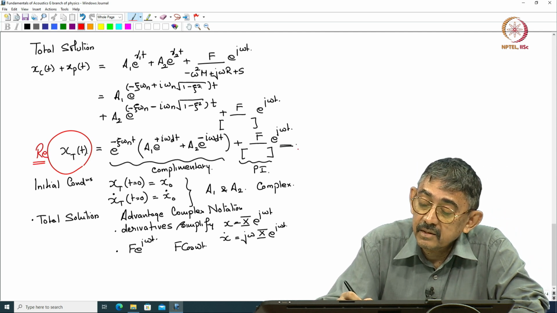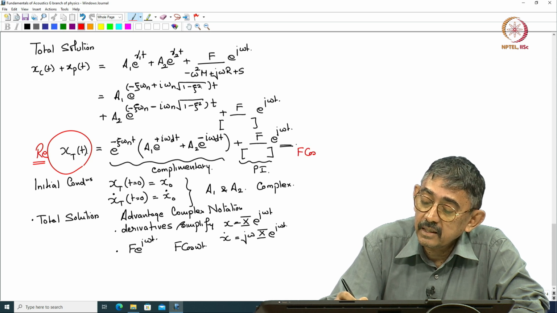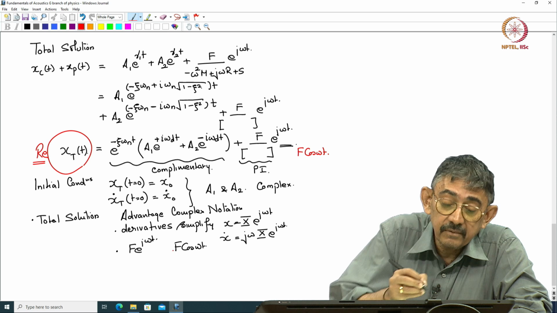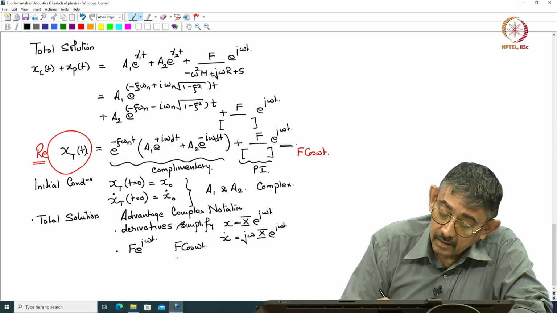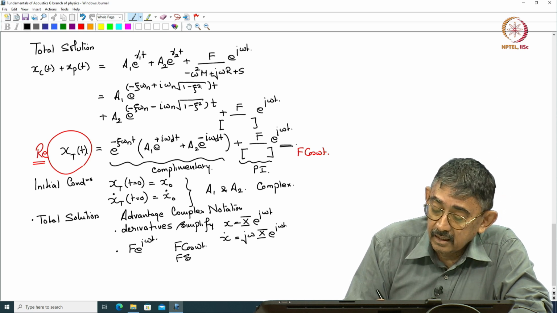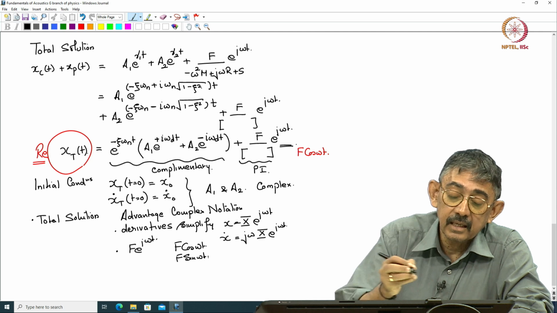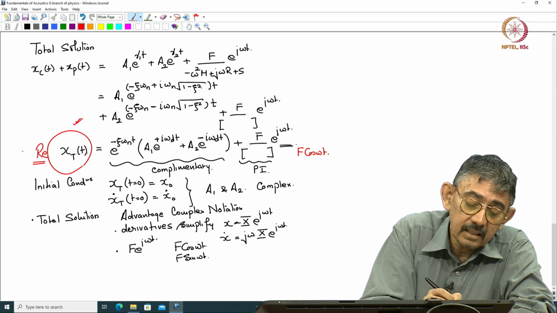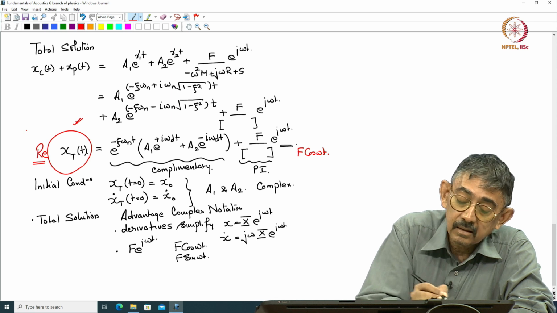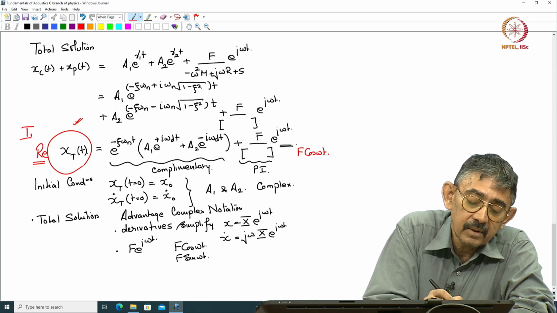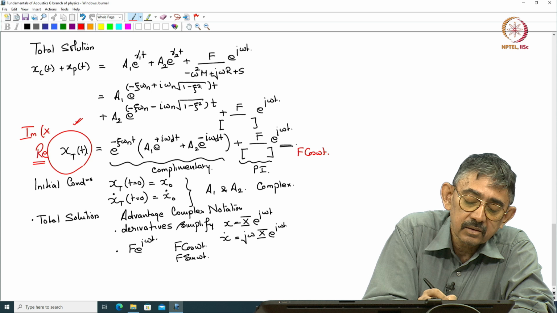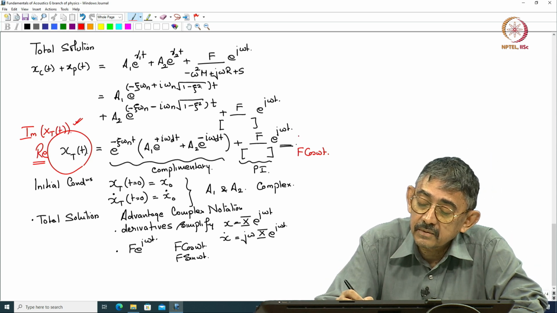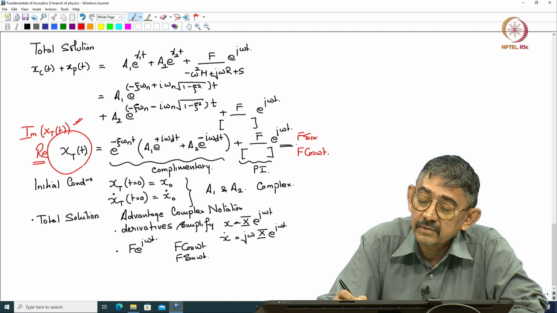Then I get the answer for forcing it using f cos omega t. Similarly, if I consider my forcing to be f sin omega t, then after deriving the total solution, I take the imaginary part of x tilde of t, and that gives me the response if the forcing was f sin omega t.